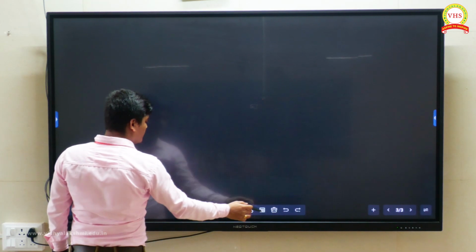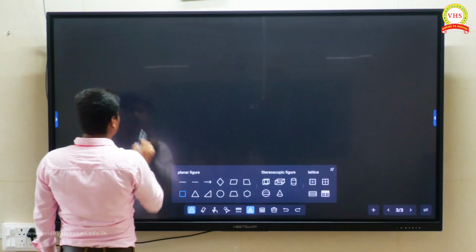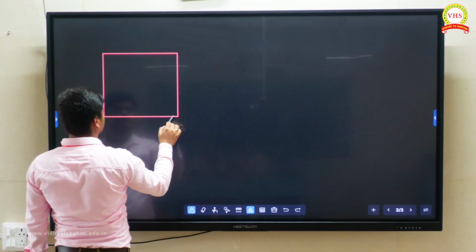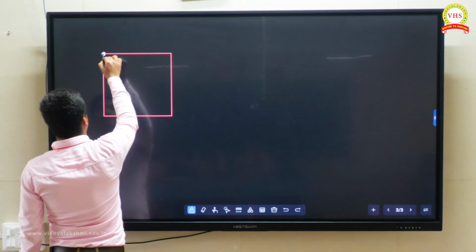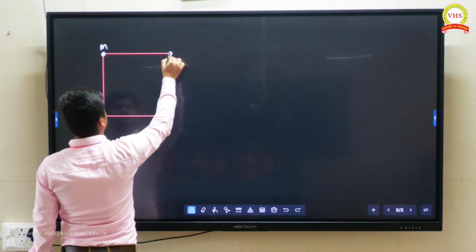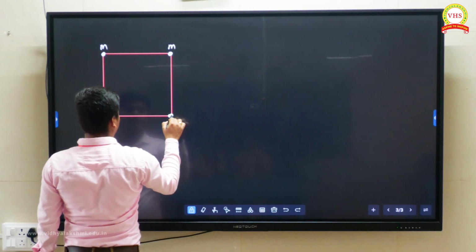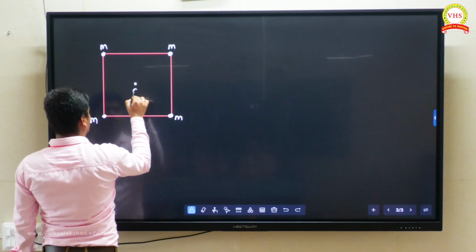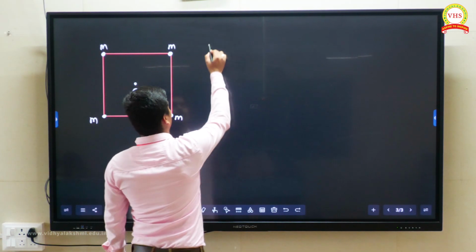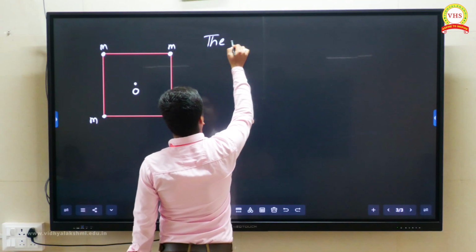Let's take the square here, each mass is m. Now I need to find at the center. This is O.